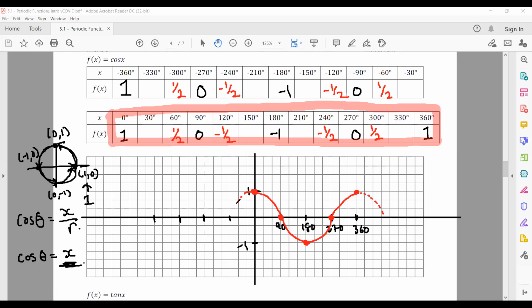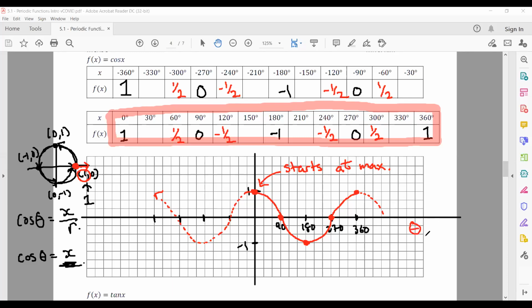But what is different about this one compared to sine? The starting point. The cosine starts at maximum. I know that's a little weird because on a circle, we're starting on the x-axis. But remember, I'm taking a look at what is the value of x, right?